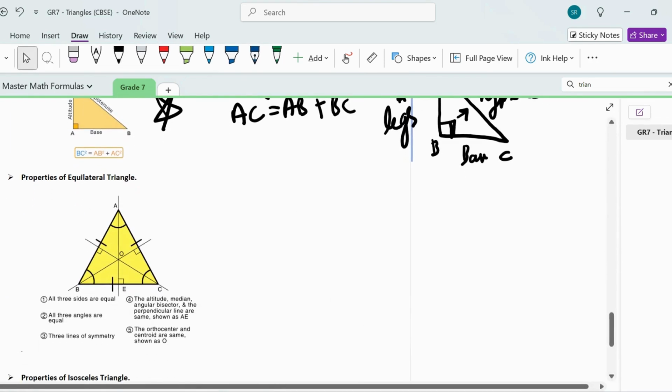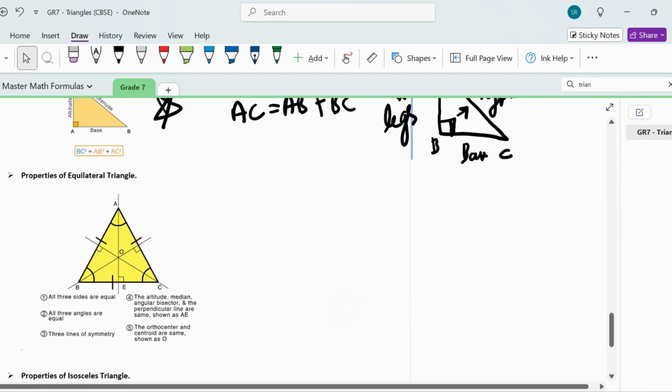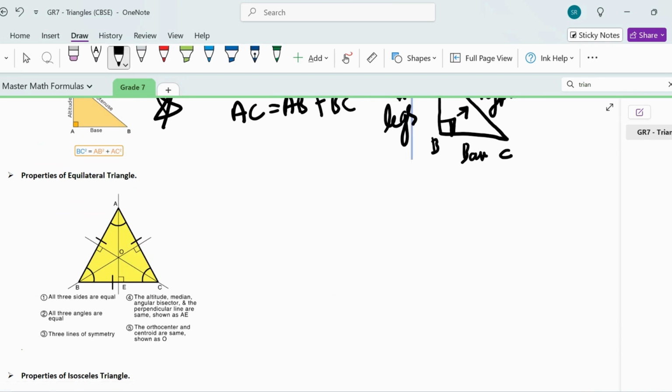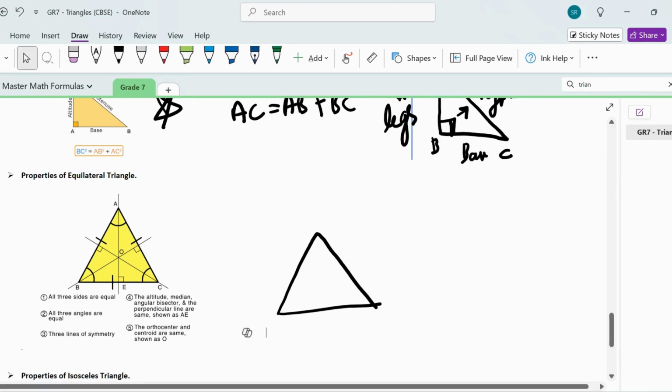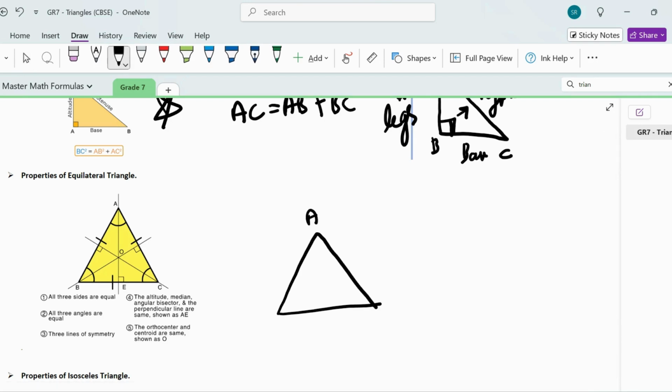Now, here are a few properties of the equilateral triangle. I think it's always nice to know the special properties of an equilateral triangle. Consider a triangle ABC, which is equilateral. AB is equal to BC is equal to AC. You already know that all three sides are equal.